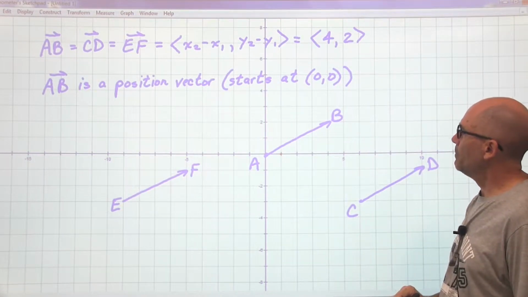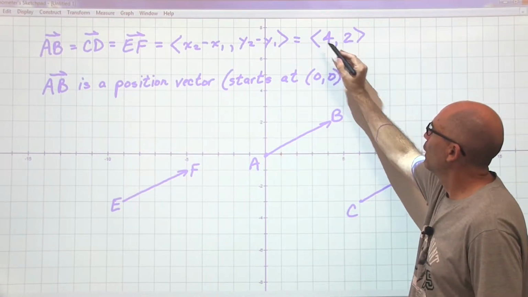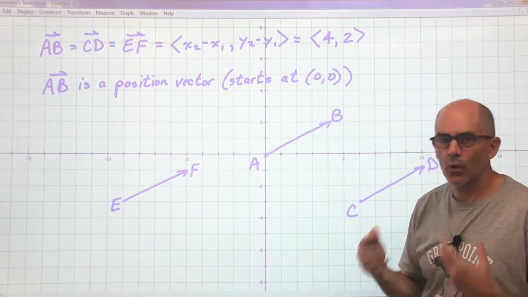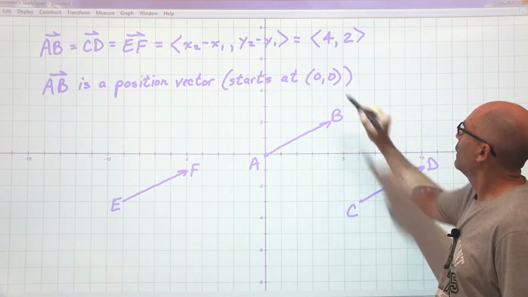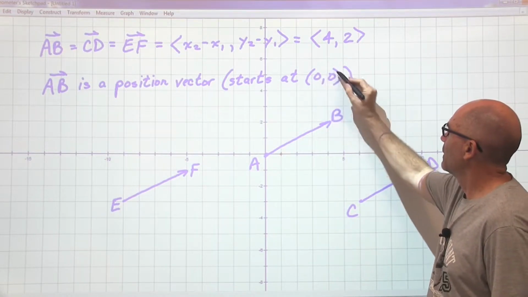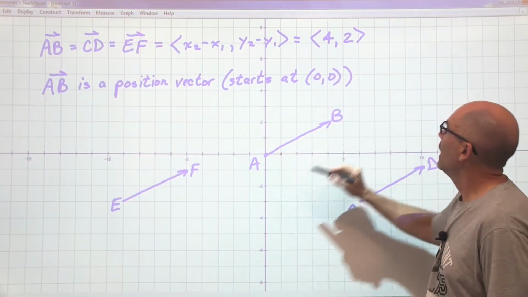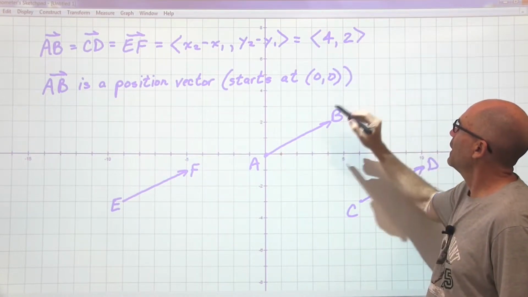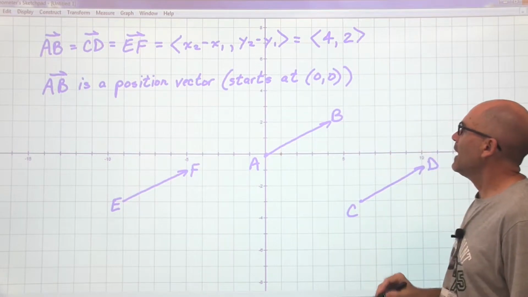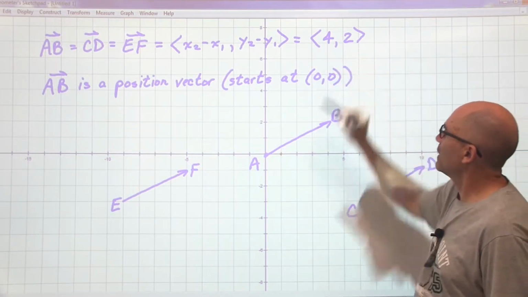Now notice the symbol for an ordered pair or a location is parentheses. Like 0, 0. That's parentheses, that's a location. But a vector, you use these pointy looking things that says you go 4 right and 2 up. Now, if I was going left, then the x would be negative.